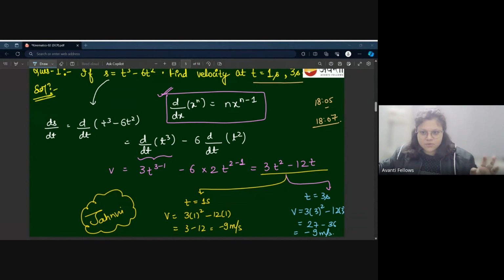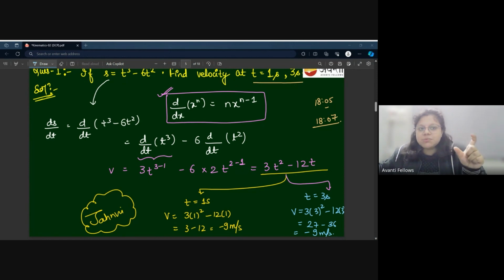Have you studied those topics? Then it is quite strange that after studying those topics, you are finding it difficult, because I used the very basic formula of differentiation. This is the most basic one. And you just have to put the values. You have to solve the differentiation over there.